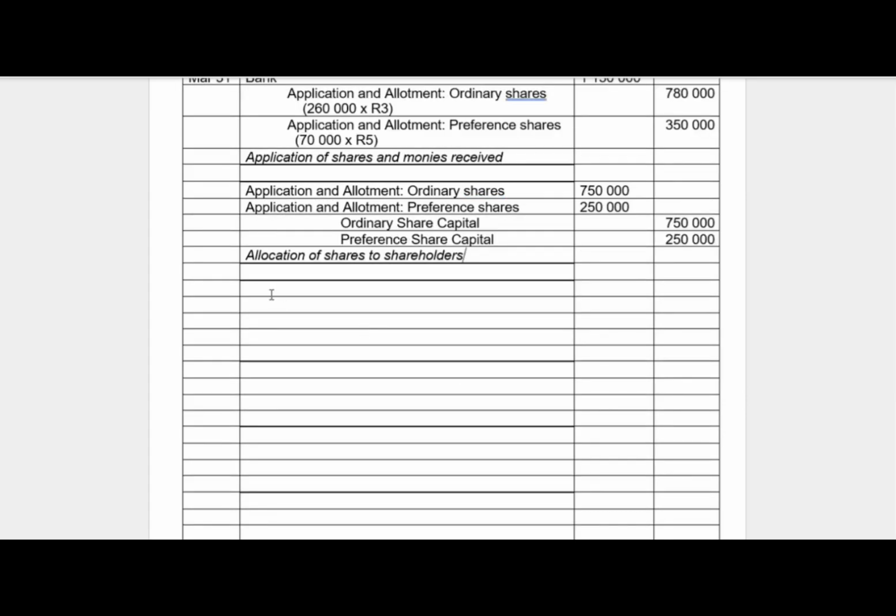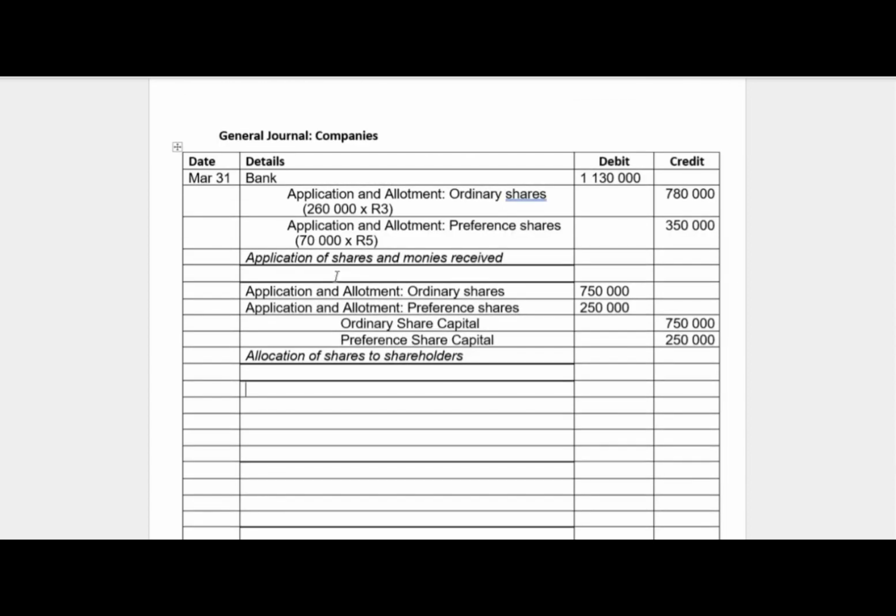And then let's go and record the last one. The last one is going to be the refund, because if you check, they applied more than what we are offering, then the difference must be refunded, right?